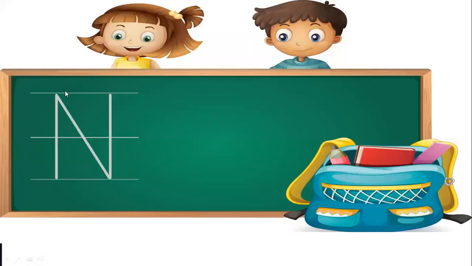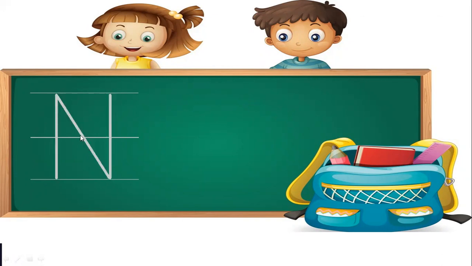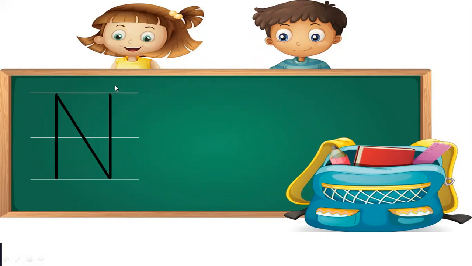Now our next letter is N. Start again from the top to the bottom, a standing line. Then from the top to the bottom a slanting line across the middle line. Okay? Then from the bottom to the top or from the top to the bottom draw another standing line.